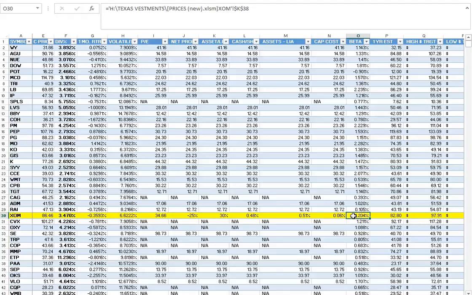It's a calculation of the volatility of this particular stock in reference to some benchmark, and that benchmark is typically the S&P 500. It can be the Dow 100 or the Russell 2000 index.